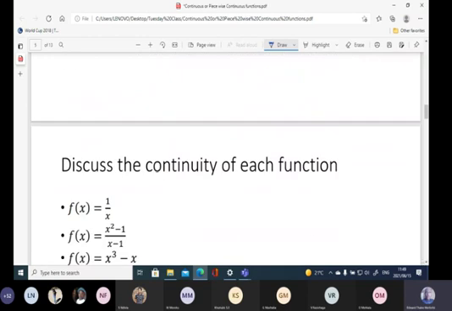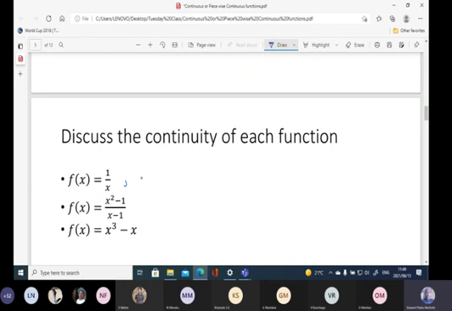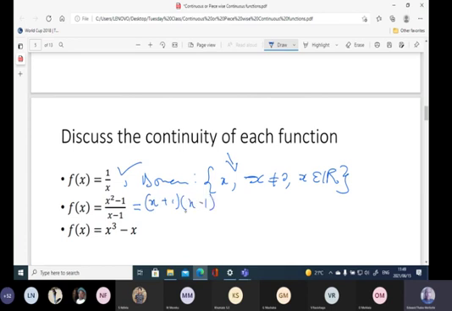Now looking at this one, discuss the continuity of each function. For this one, we look for the domain. What is the domain? The domain of this one, x must not equal 0, and x is an element of real numbers. So this given function will be continuous on this domain. And this one we can simplify as (x plus 1)(x minus 1) all over (x minus 1).